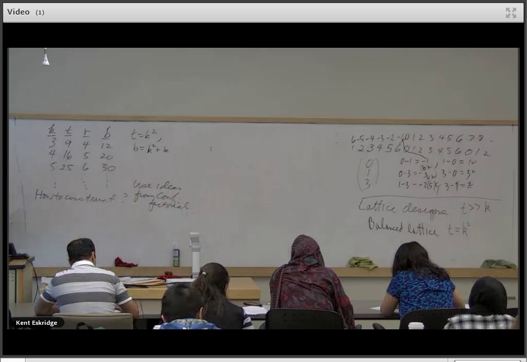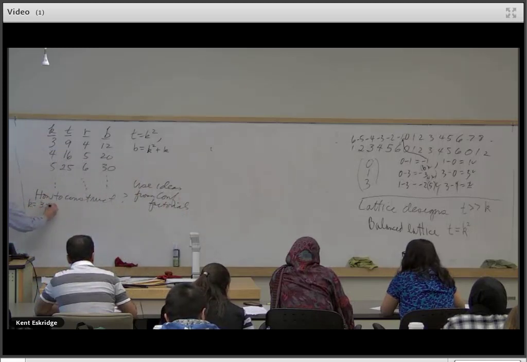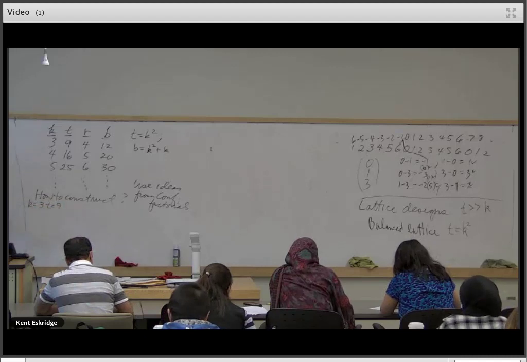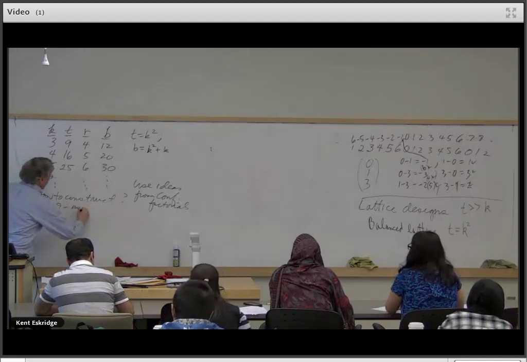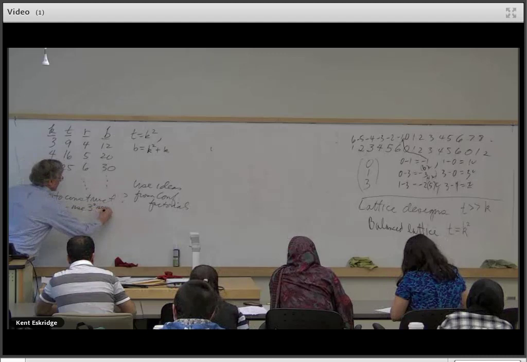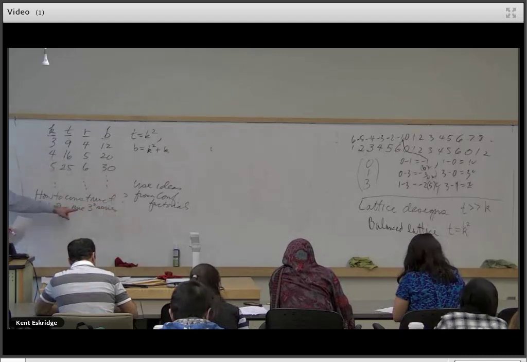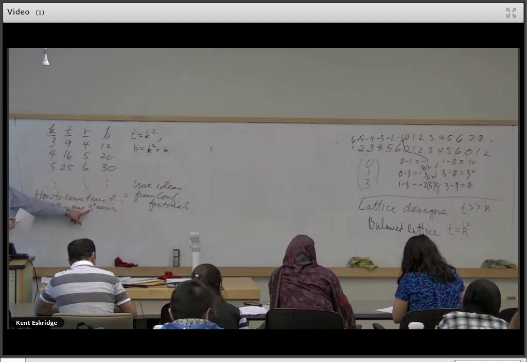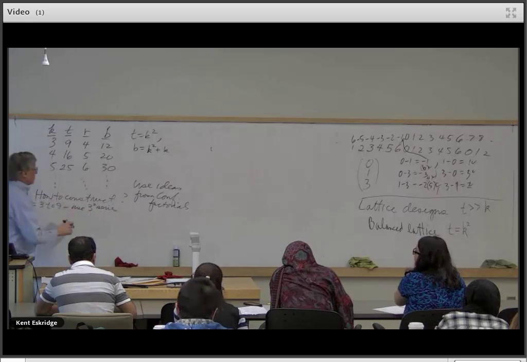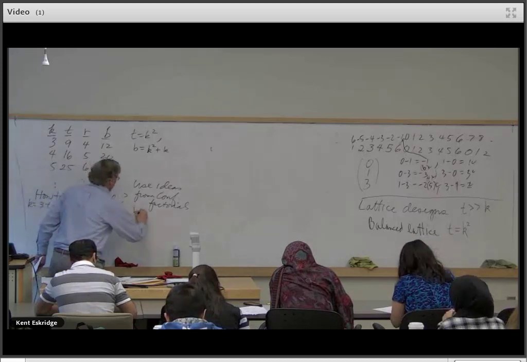So say for example, K is equal to 3 and T is equal to 9. What I can do is use a 3 squared series, so I can use a 3 squared confounded factorial in blocks of size 3.